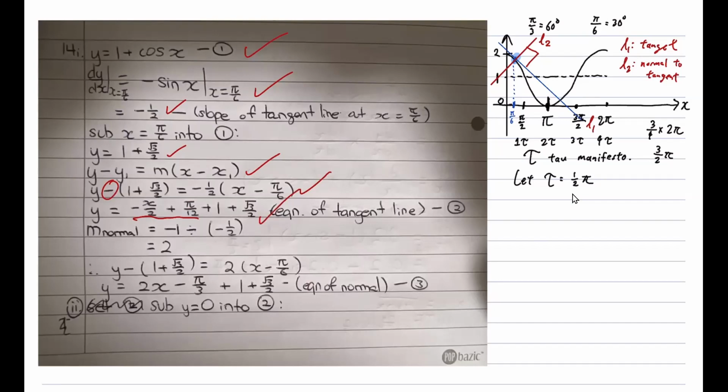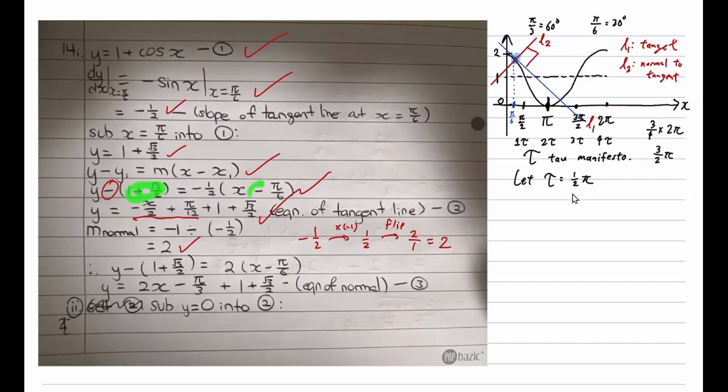Normal, just negative 1 divided by that gradient. So how I think of it is just multiply by negative 1, like negative half. You times negative 1, you get positive half. Then you flip. You get 2 over 1, which is 2. So do these two steps, times negative 1 and flip. And you get 2. Okay, good. So just use the same formula again.